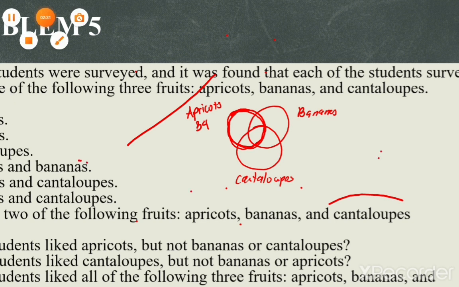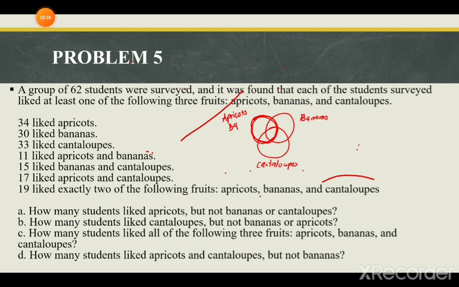For your 30, this is the total for your bananas, and for your 33, this is the total for your cantaloupes. Is it included in that set? It is not, because that is the total of everything in that set. Okay? So, what is your X?